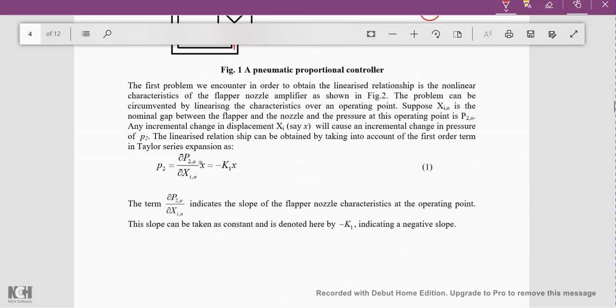So dou y is nothing but dou value at P2, for which we have already obtained the coordinates, P2 0 on the y-axis and xi 0 on the x-axis. So this is the delta y value, and this is the delta x value, times x. That is going to give us the slope, minus k1. Therefore P2 depends upon that slope, minus k1, times the input x.